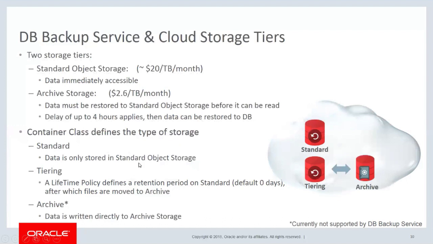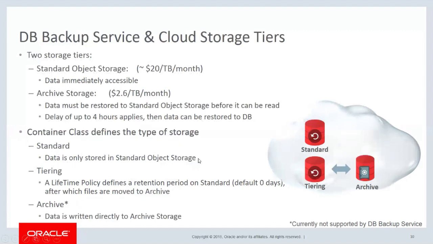These two different types of storage are not two different services. It's the same cloud storage service. The difference is made by the type of container that you use. We have three different types of containers in object storage.